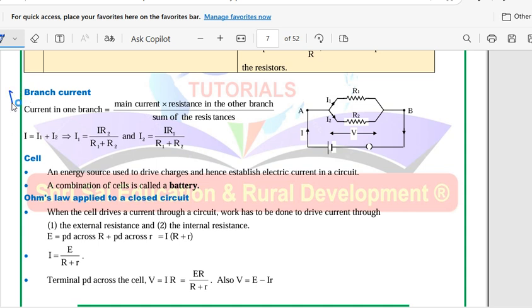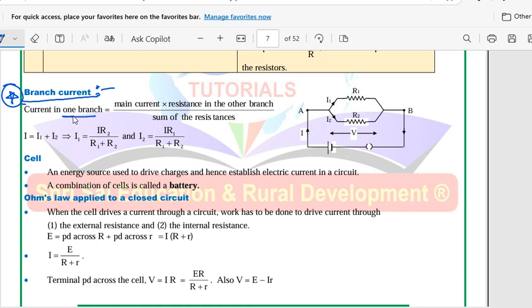Now let us discuss the concept of branch current. In case of branch current, what will happen? Current will be produced inside any type of conductor.